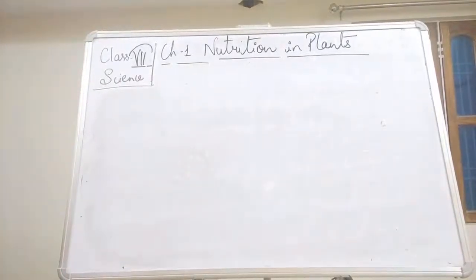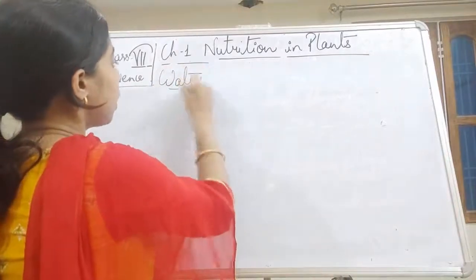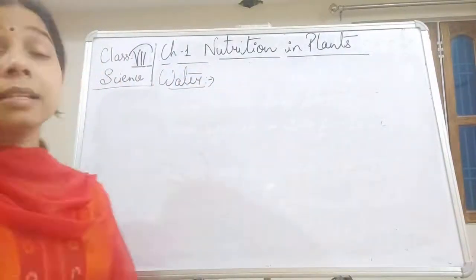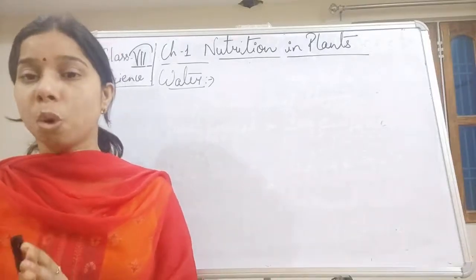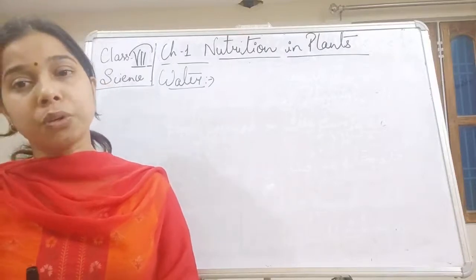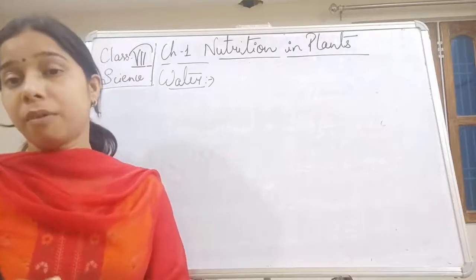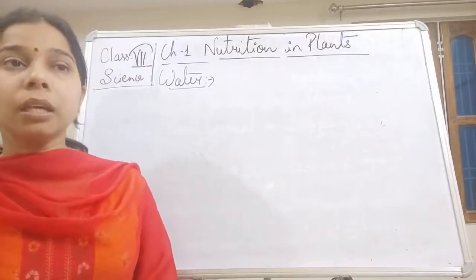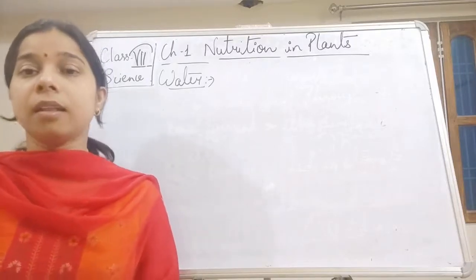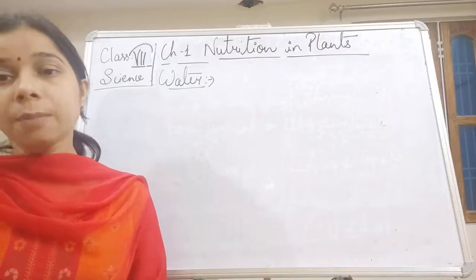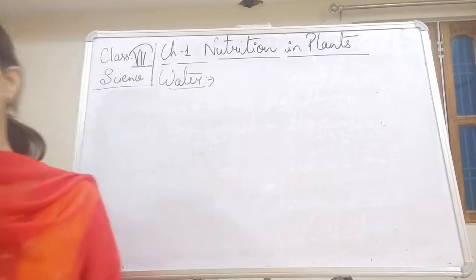So basically, students, you know that the water is present in the soil, and it is the root which takes the water from the soil with the help of the root hair. Now you see here that the root consists of tubes inside it that we call xylem, and it is the xylem which carries the water from one place to another.